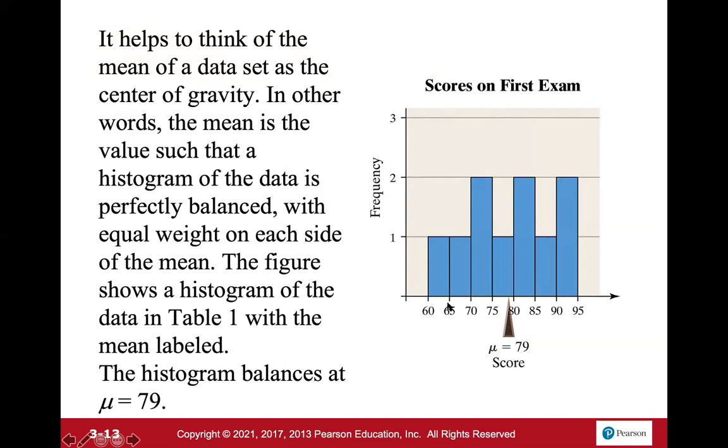From 60 to 65, they only had one person. From 65 to 70, again, they only had one person. From 70 to 75, they had two people, and so on and so forth until they looked at the entire data set here. And they're able to balance everything perfectly right here at the mean of 79. So there's as much weight on this side as there is on this side over here.